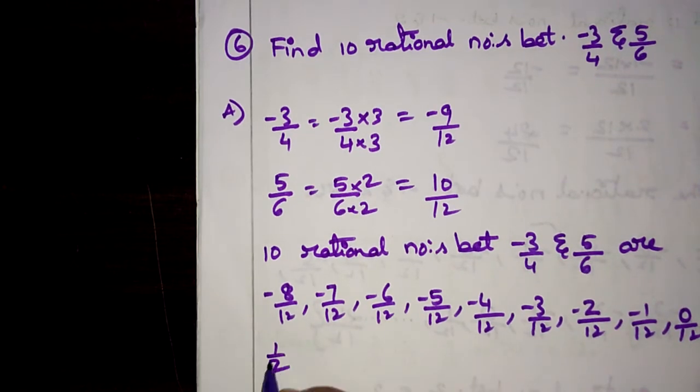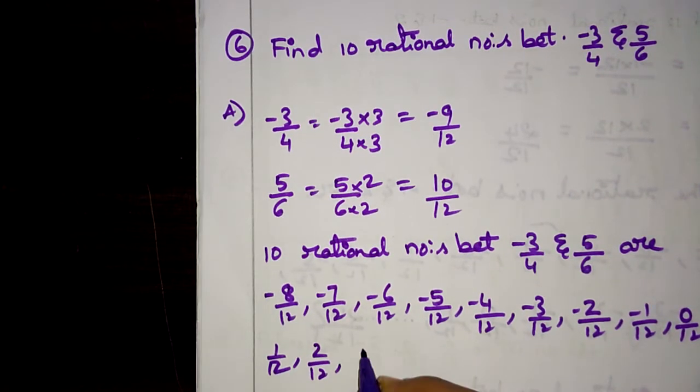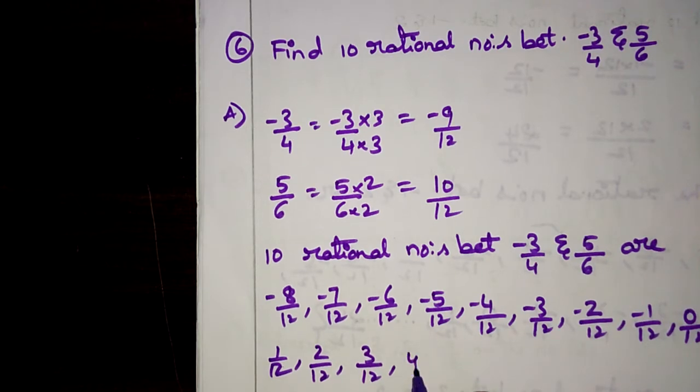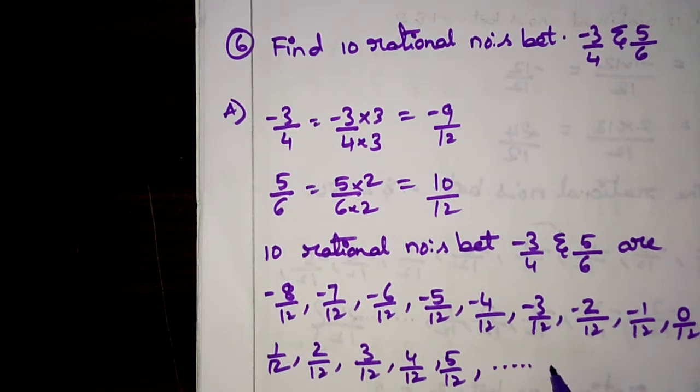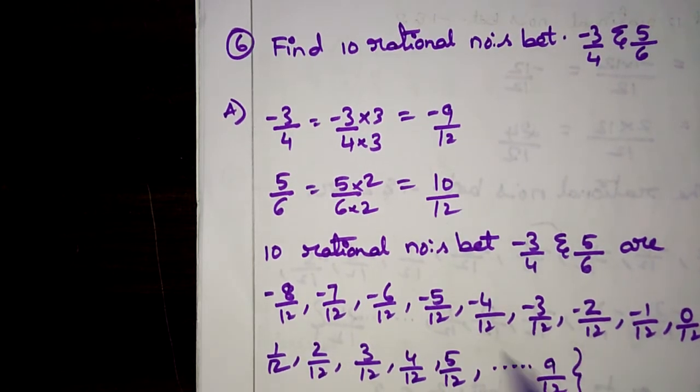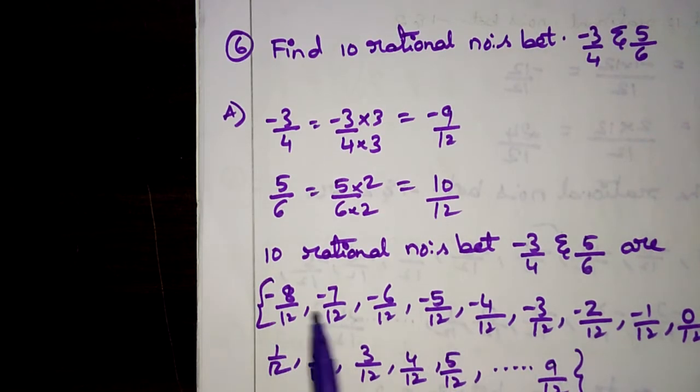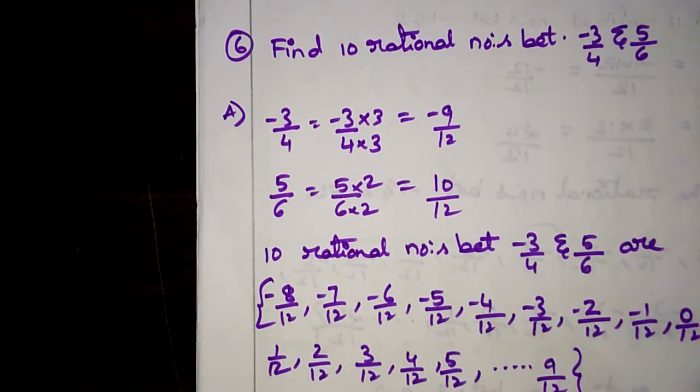Okay, 1 by 12, 2 by 12, 3 by 12, 4 by 12, 5 by 12, and so on till 9 by 12. See, you got 10 or not? 1, 2, 3, 4, 5, 6, 7, 8, 9, 10.